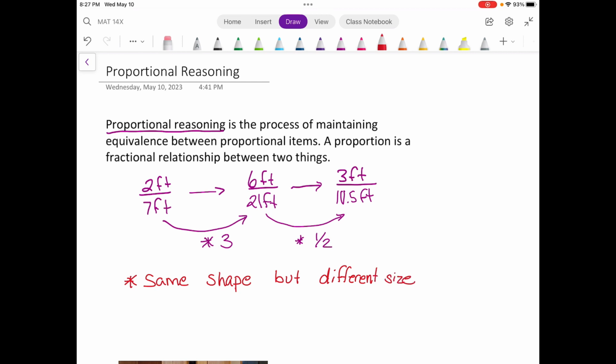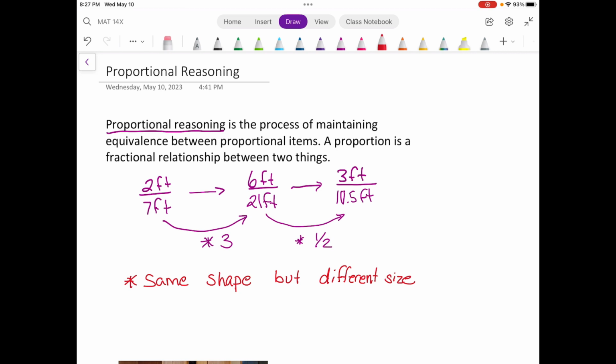So all of the side lengths within the figure were multiplied by the same value, or all of the side lengths in the figure were divided by the same value. The key with these relationships is that factor that we multiplied by. You'll often hear that referred to as the scale factor.